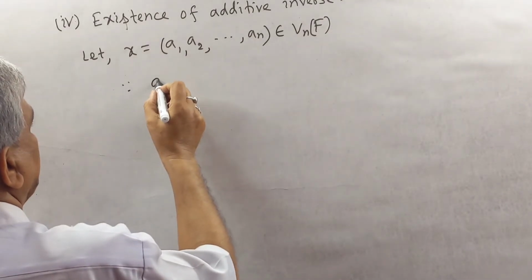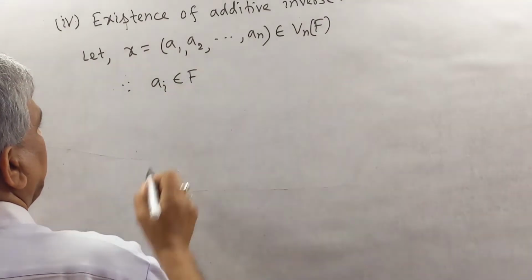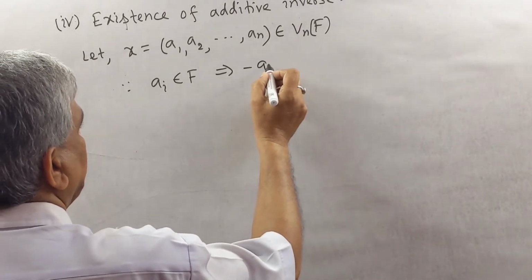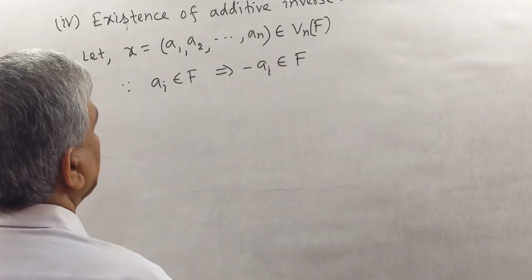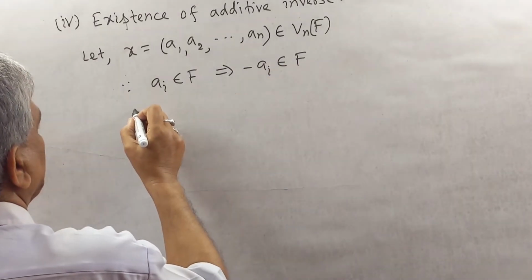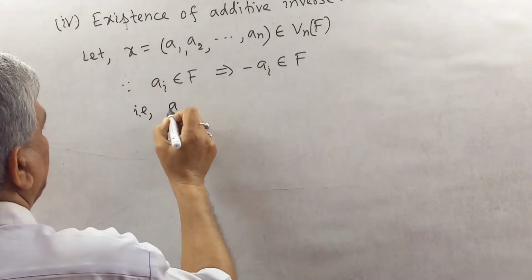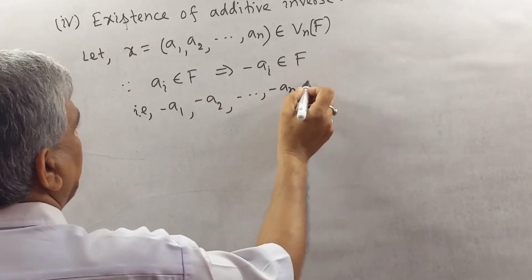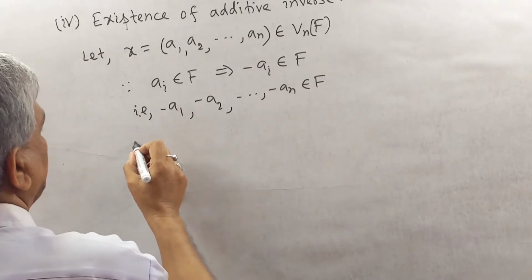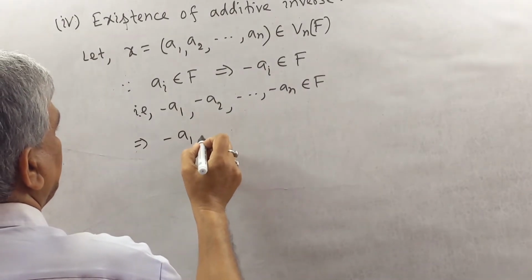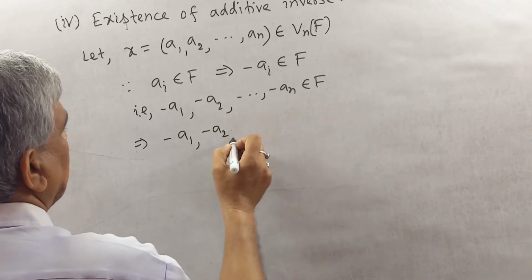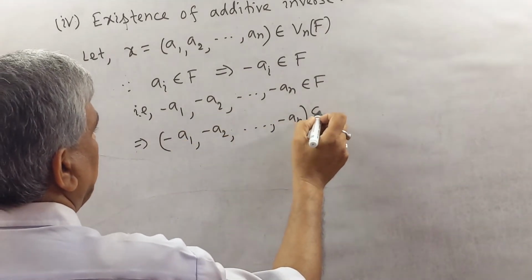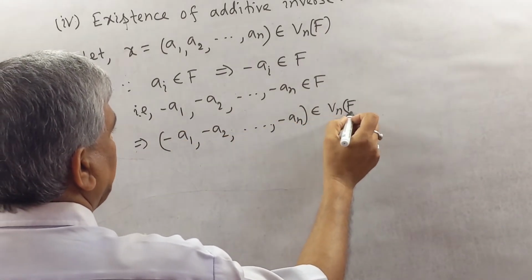Since each ai belongs to F and F is a field, therefore minus ai belongs to F. That is, (minus a1, minus a2, ..., minus an) belongs to F, which implies that (minus a1, minus a2, ..., minus an) belongs to VnF.